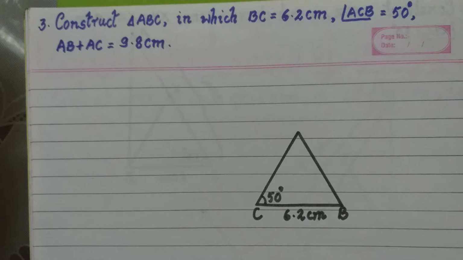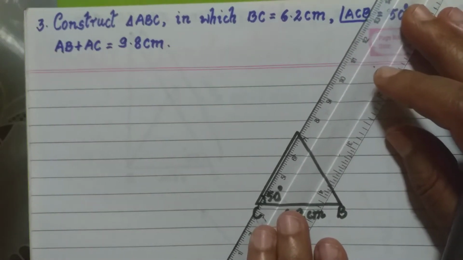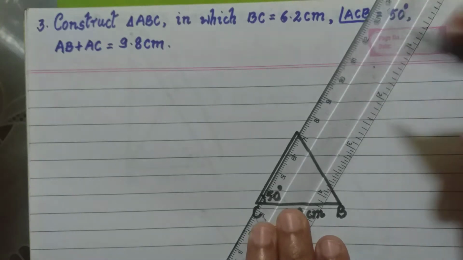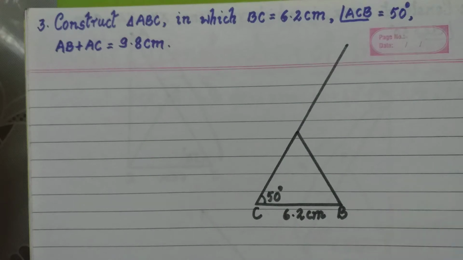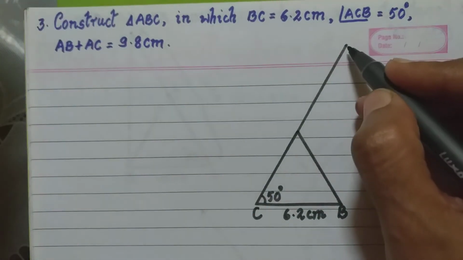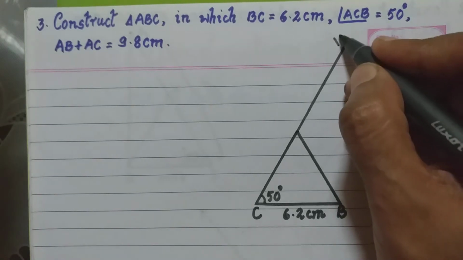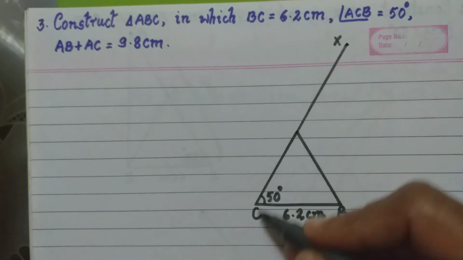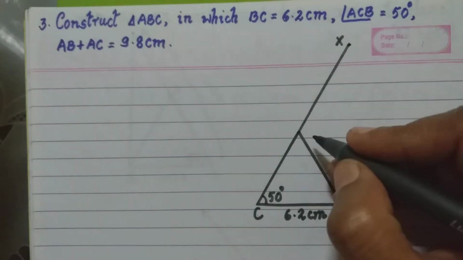Also we know that this side, which is the ray of 50 degrees, has to be produced further to a point such that AB plus AC is 9.8 centimeter. So it should be produced to a point, say to the point X, such that this CX now is 9.8 centimeter.